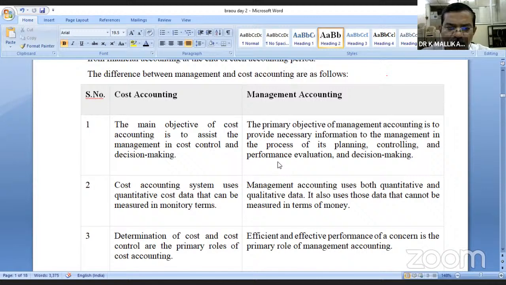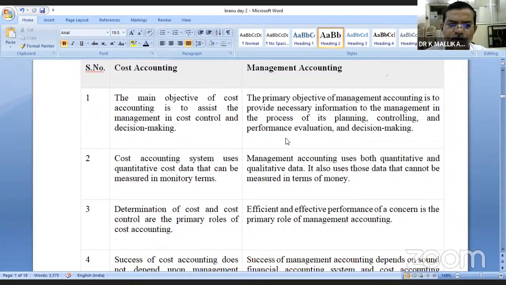For evaluation, maybe we compare our firm's performance to a similar firm's performance, or to the industry performance, and we take decisions. So management accounting is very useful in this evaluation process also.